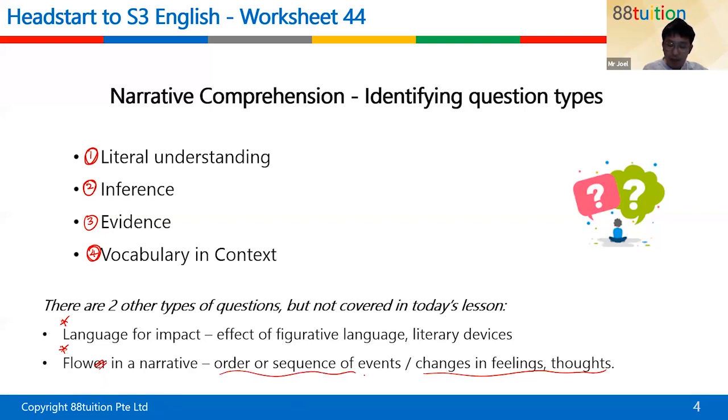These will normally be the last question in your section B. It's the one where they give you a few blanks, and then you have to say, from paragraph 1, what was the narrator feeling? Then paragraph 2 to 3, what was the narrator feeling? Then maybe paragraph 4 and 5, what was the narrator feeling? Then paragraph 6, finally, how did the narrator feel? So those would be your flow in the narrative kind of questions. We're not covering that today.